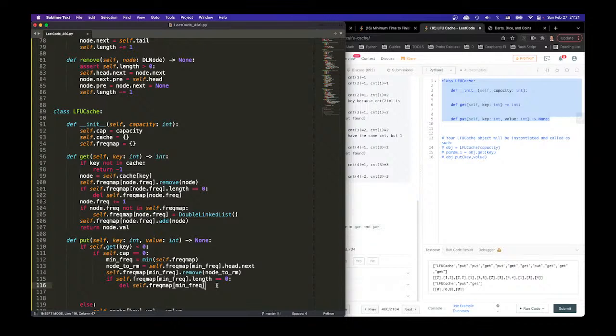Okay, and I remove it from the frequency map. So that's done, and node to remove is removed from the frequency. And then I need to remove its key, so I can say del self dot cache node to remove dot key, right? To remove its key as well.